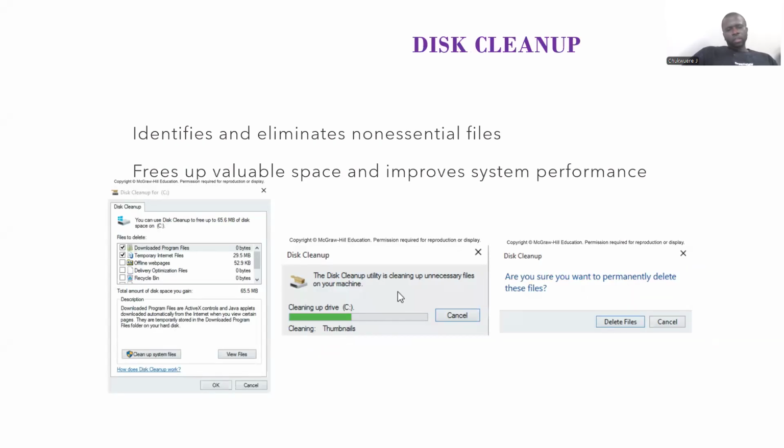Disk Cleanup identifies and frees up valuable space and improves performance. Remember, when there is a lot of content, a lot of files in your computer, it affects its performance. But what all these utilities will do for you is free space to optimize your system's performance.